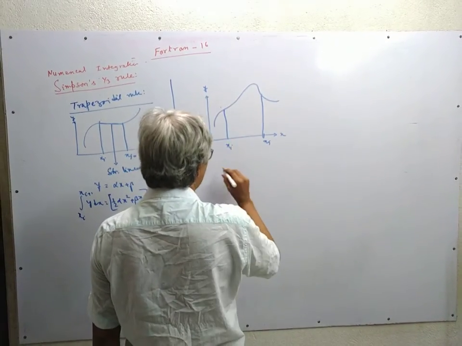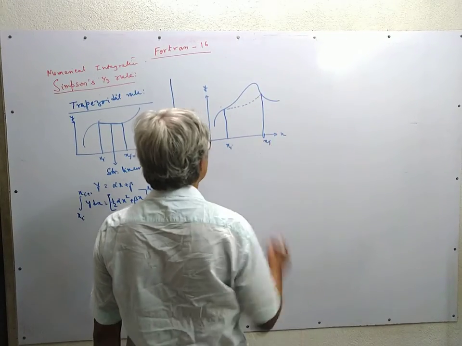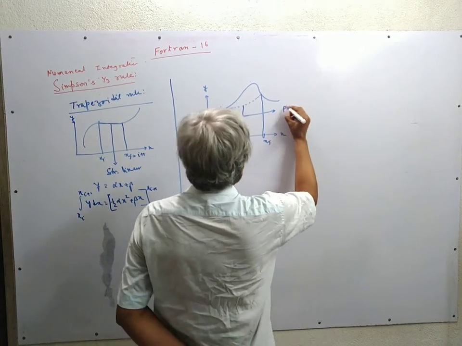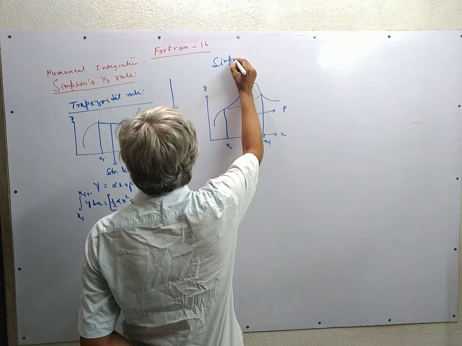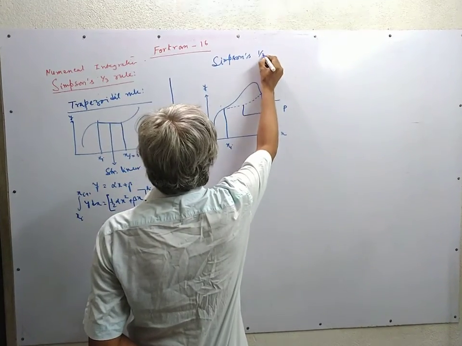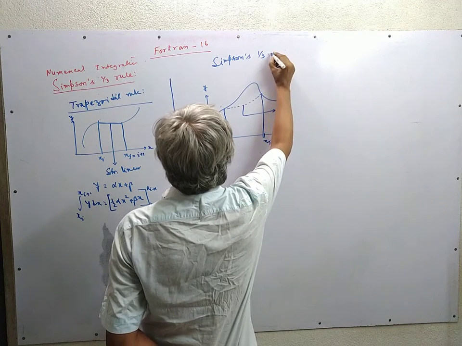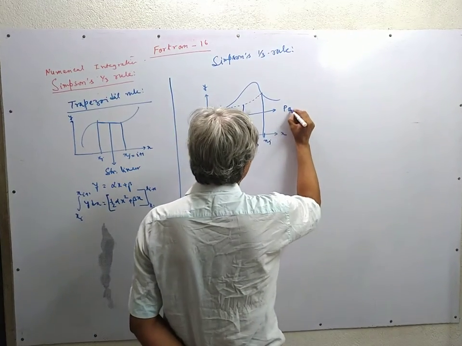This is the original curve, and we approximate it by a parabola. This is Simpson's 1/3 rule.